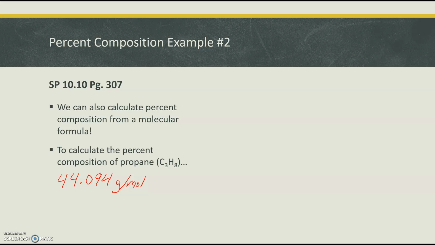For this, we are going to use their respective masses. 3 carbons equal a molar mass of 36.03 grams per mole. 8 hydrogens equal 8.064 grams per mole.